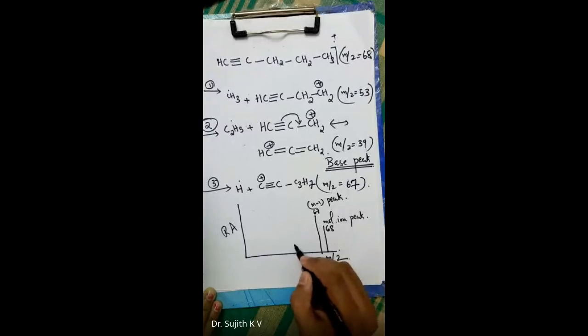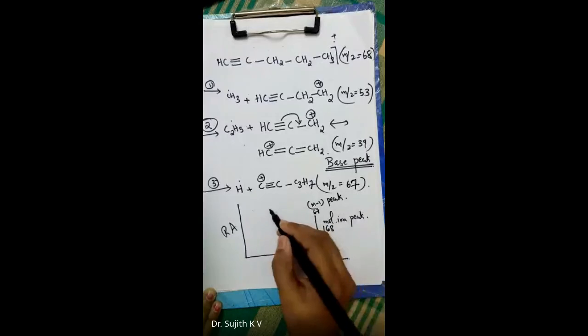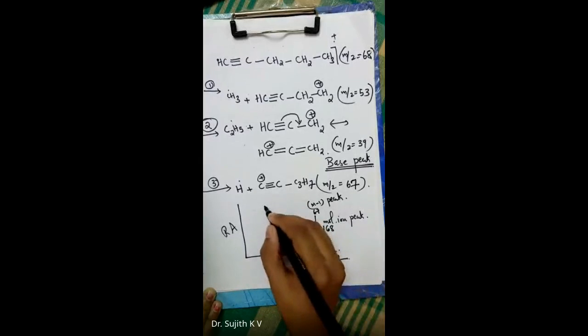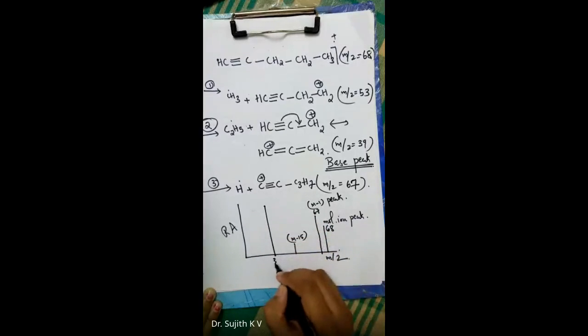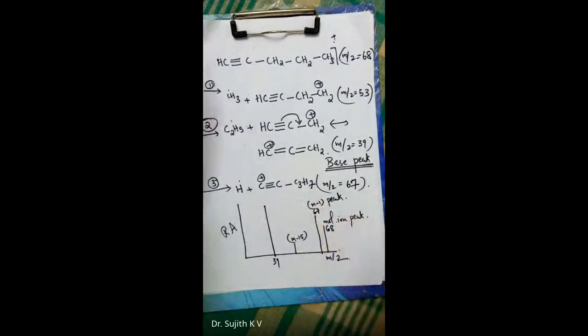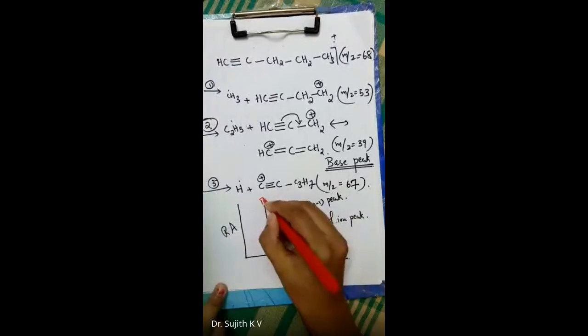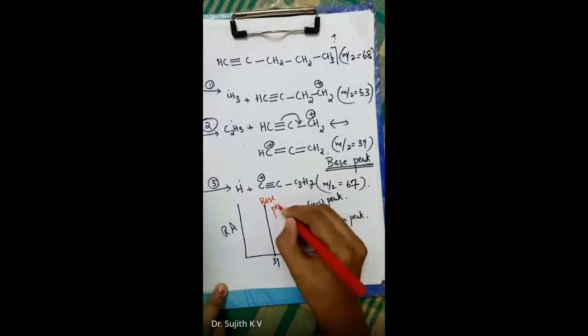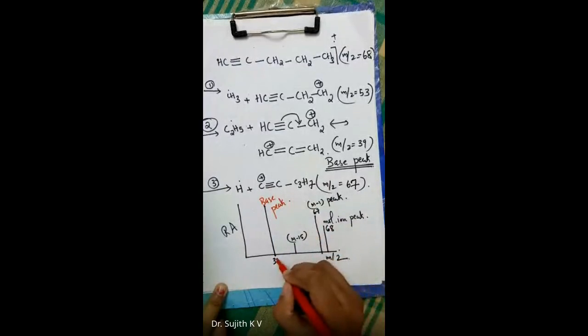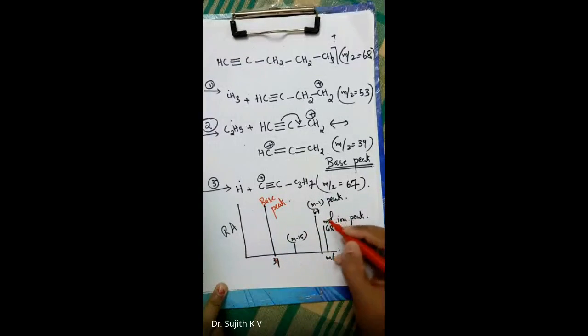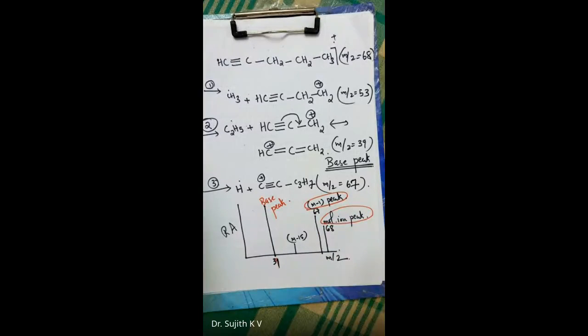You will get a peak at 53, which is the M-15 peak, and the intensity will be less. The base peak will be at m/z equal to 39. At 67 there is a prominent peak, that is the M-1 peak, and the molecular ion peak is at 68, and it is comparatively strong.